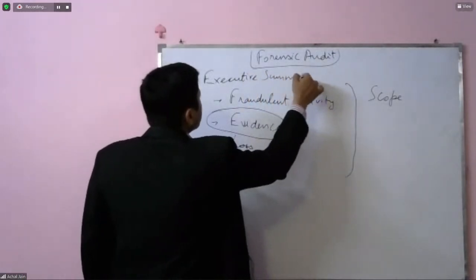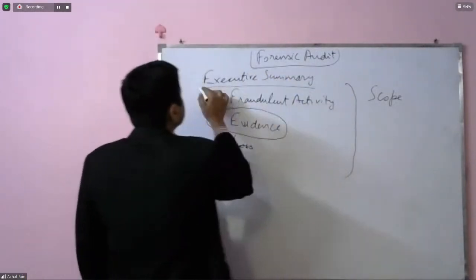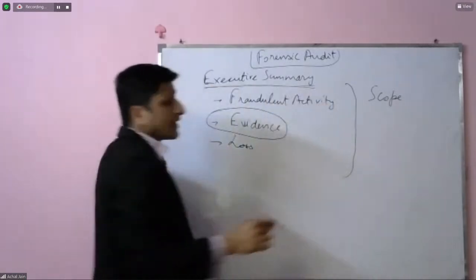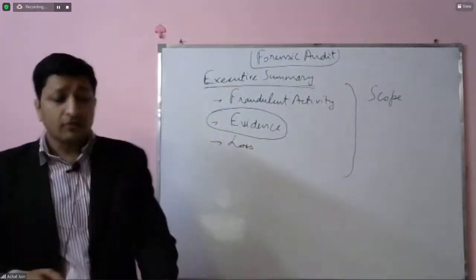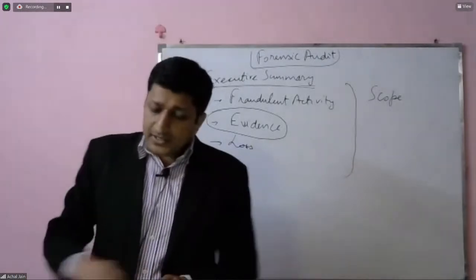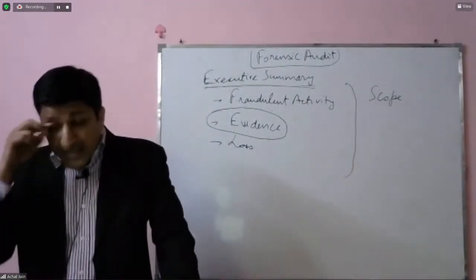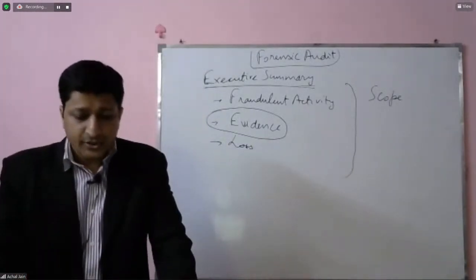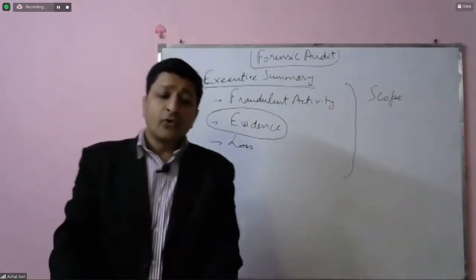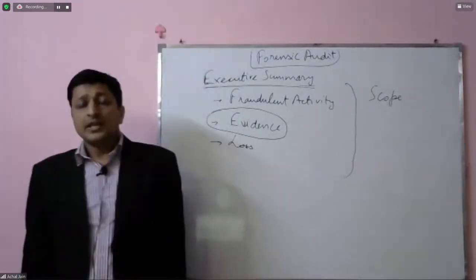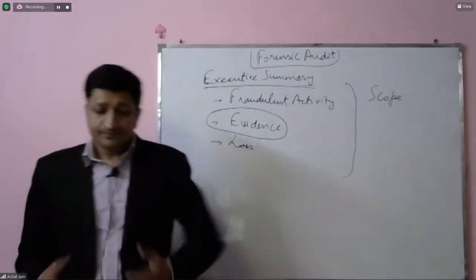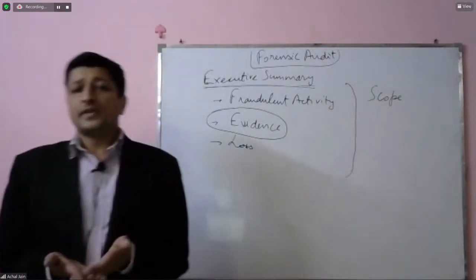Executive summary, you remember we discussed in case of due diligence. See, all of these are advisory work. These are not attestation engagements. These are all of these engagements which are advisory in nature. And that's why for all of these things, it's very, very important to have an executive summary in place.